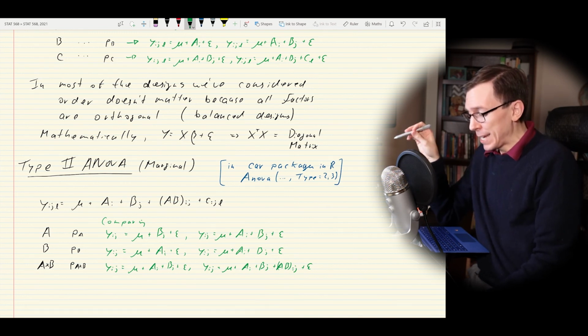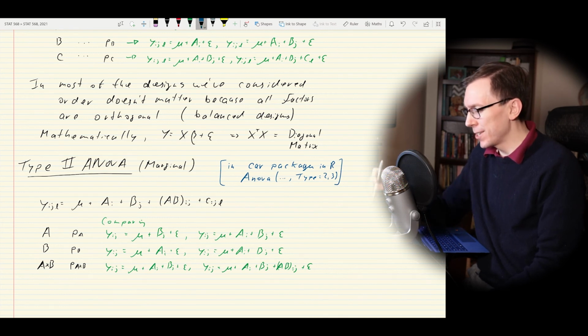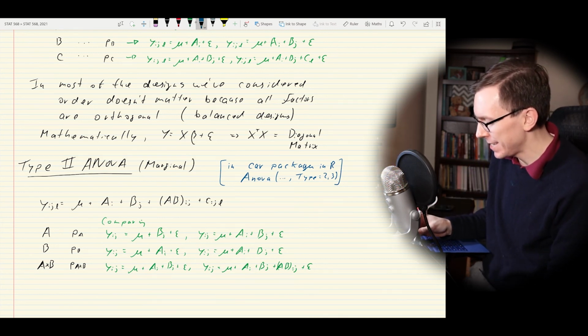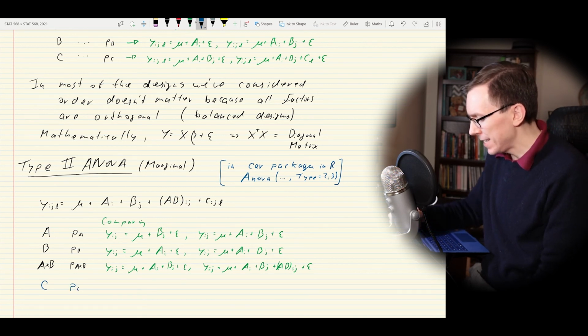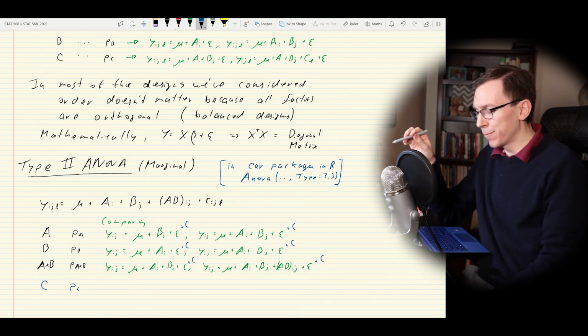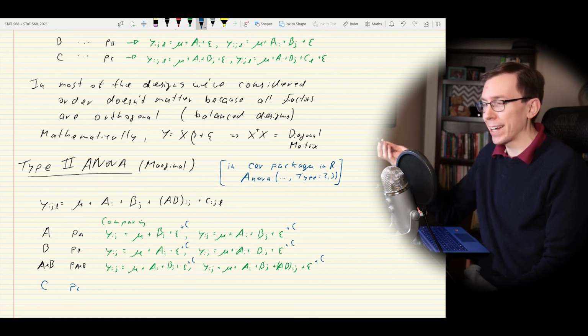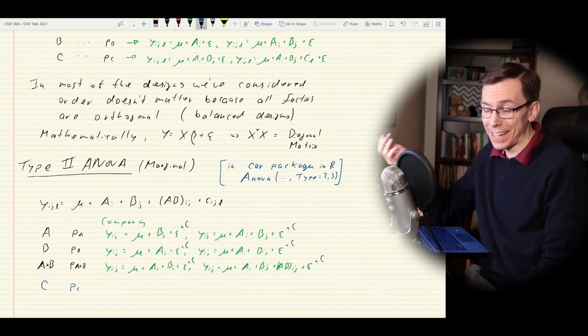So that's what type 2 ANOVA is doing. If I really wanted to, I could include, let's say, a C in here. If I had a C, I would be adding C onto everything, because I'd want to include all the factors that are not higher order interactions of any of the ones that I'm testing.